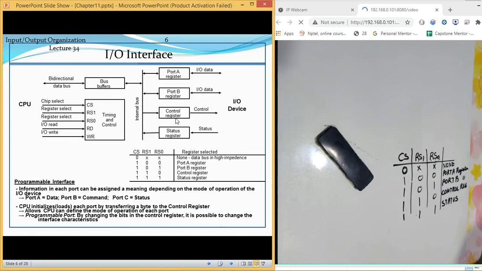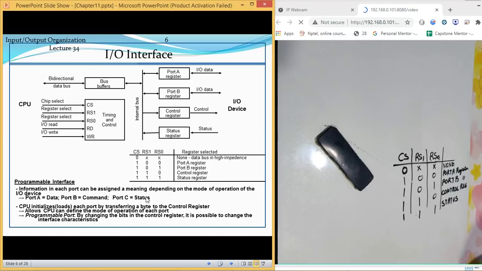Your CPU can configure the functionality of your input output interface by transferring an appropriate command in the control register. So you can check this. Information in each port can be assigned a meaning depending on the mode of operation of the input output device. Like port A is for data, port B is for command, port C is for status.